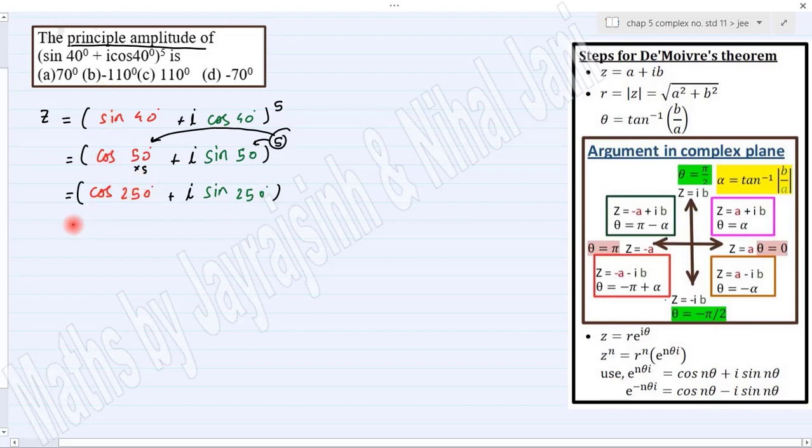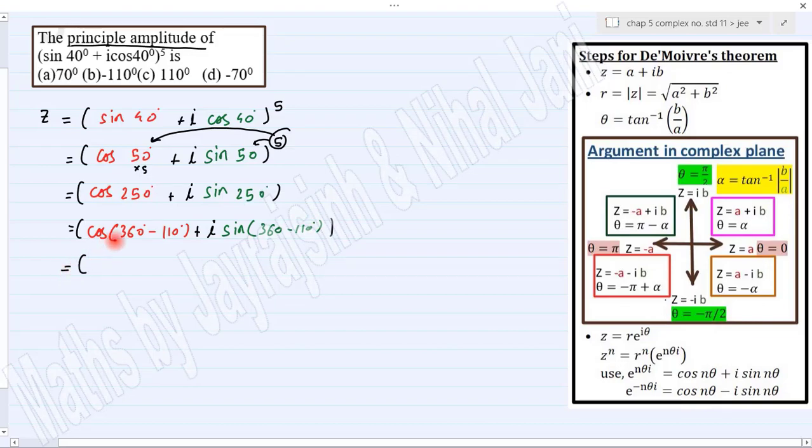Now, to get principal amplitude, let's simplify cos 250 into cos(360 - 110). Similarly, we can say sin 250 is also rewritten as sin(360 - 110).